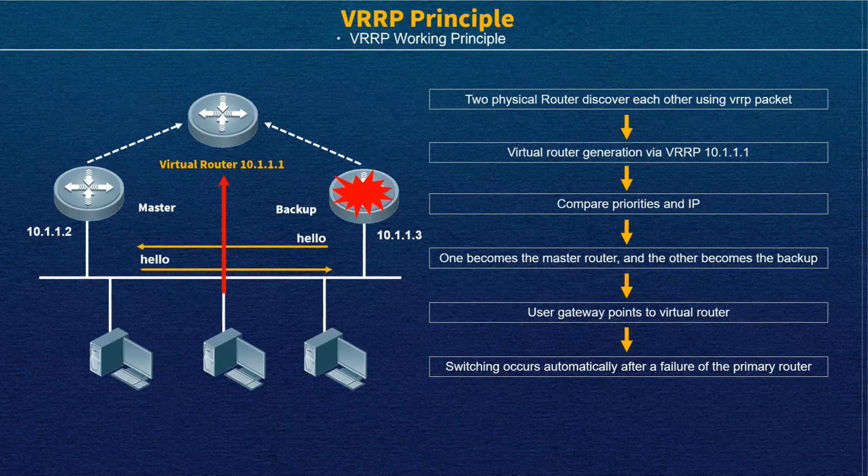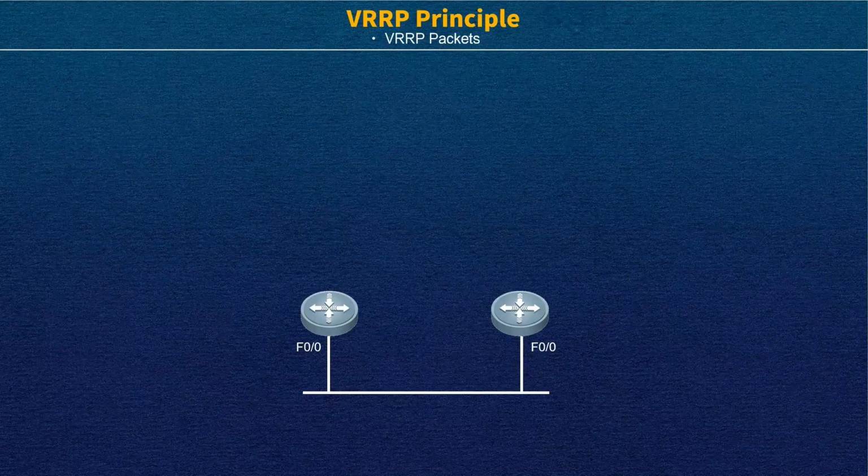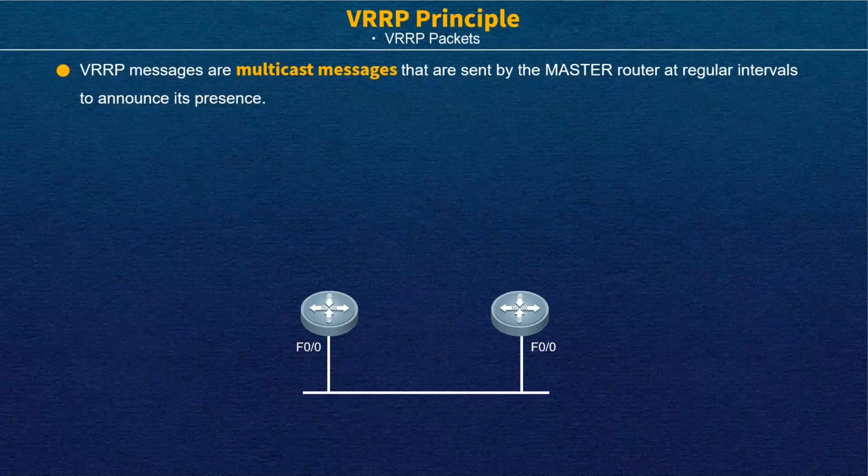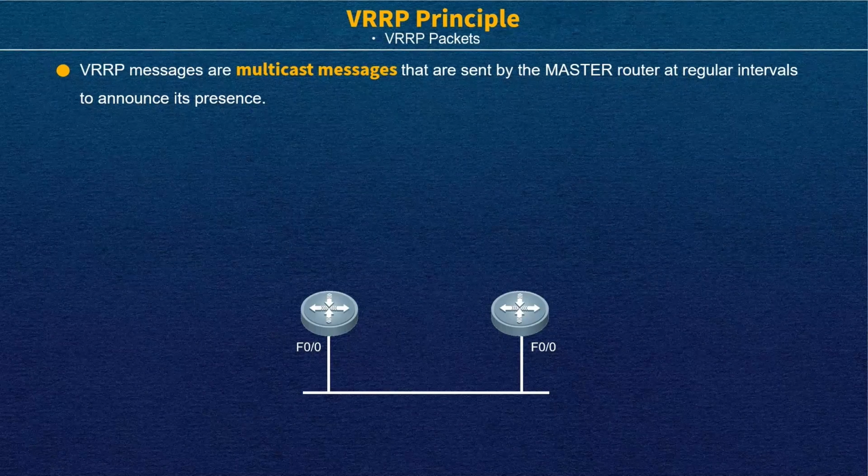And then let's see the VRRP packets, how to select the master and how to detect it, because all the devices will send out the VRRP message. This message is a multicast message. That's why we say two interfaces within the same VRRP group must belong to the same broadcast domain.